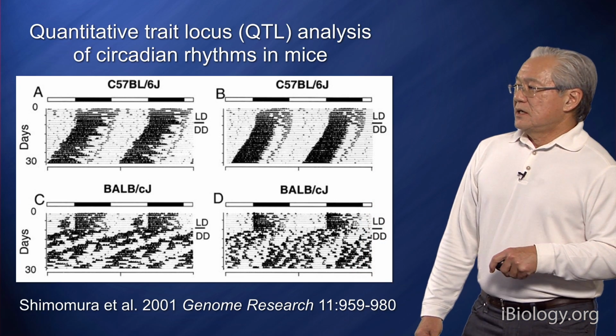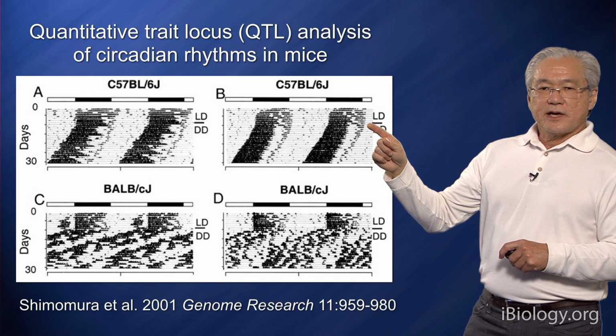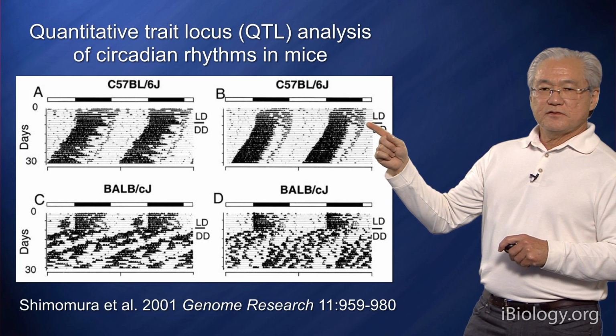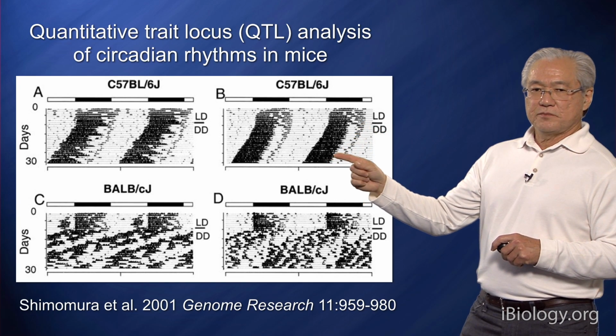So a number of years ago, we looked at the phenotype of different inbred strains, and this is just giving you an example of two inbred strains, C57 Black 6J, which is the very common inbred strain that we use, has a beautiful circadian rhythm.